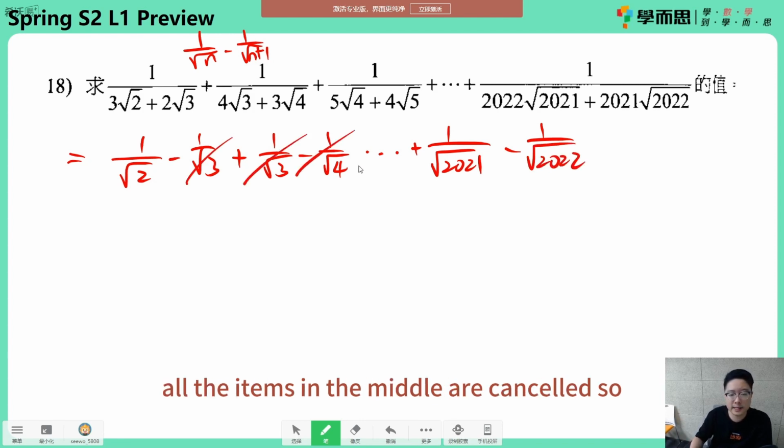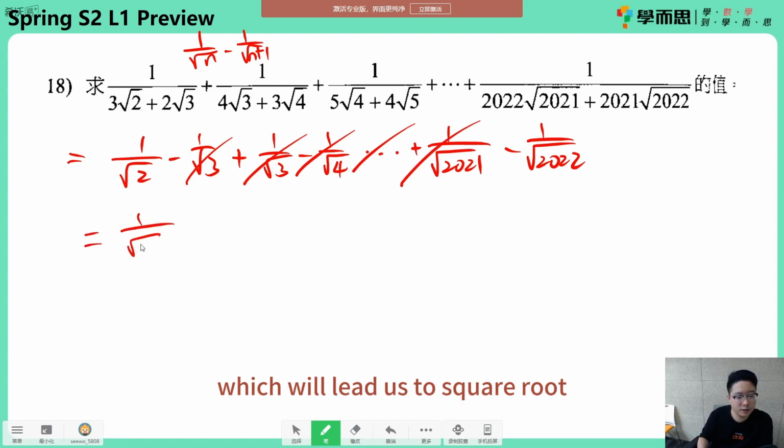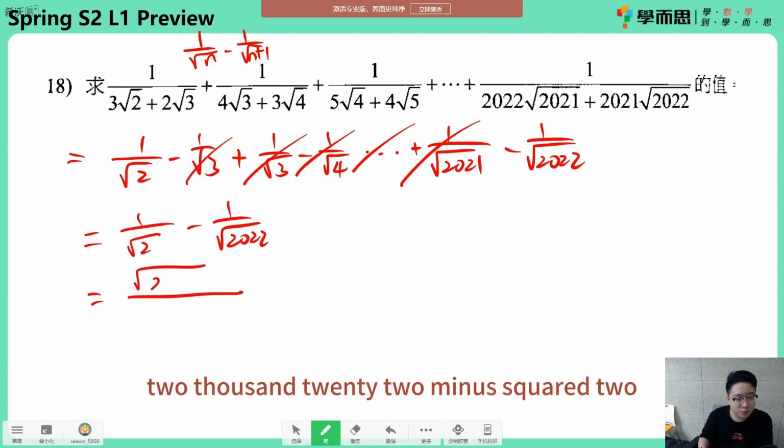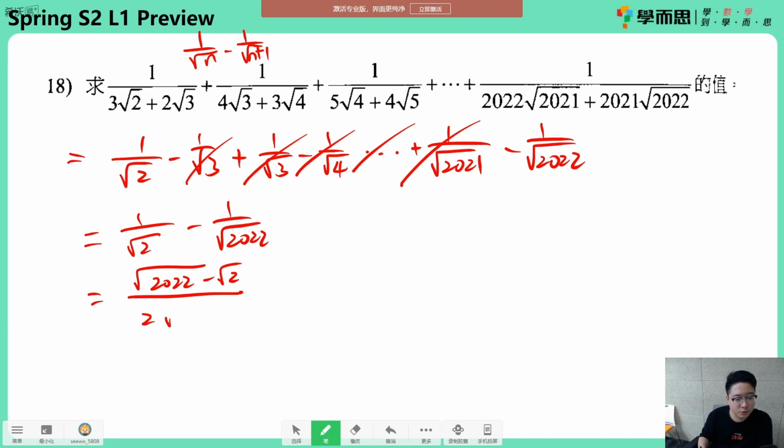So all the items in the middle are cancelled, which will lead us to 1 over square root 2 minus 1 over square root 2022. So this one equals square root 2022 minus square root 2, over 2 square root 1011.